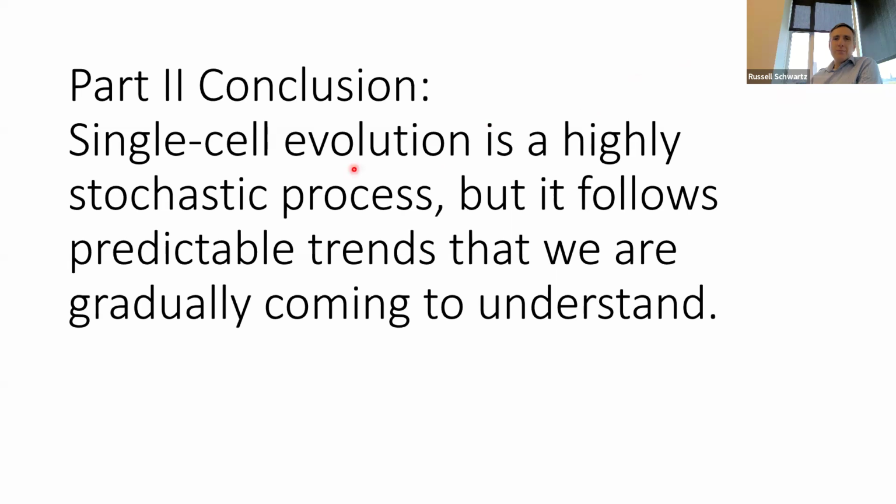There's a quote from Mark Twain that I think is very relevant to cancer here. So he said, "History doesn't repeat itself, but it often rhymes." And I think that's a good conclusion about single cell evolution as well. No two single cells are going to evolve in exactly the same way, but there are trends and you can get a handle on them.